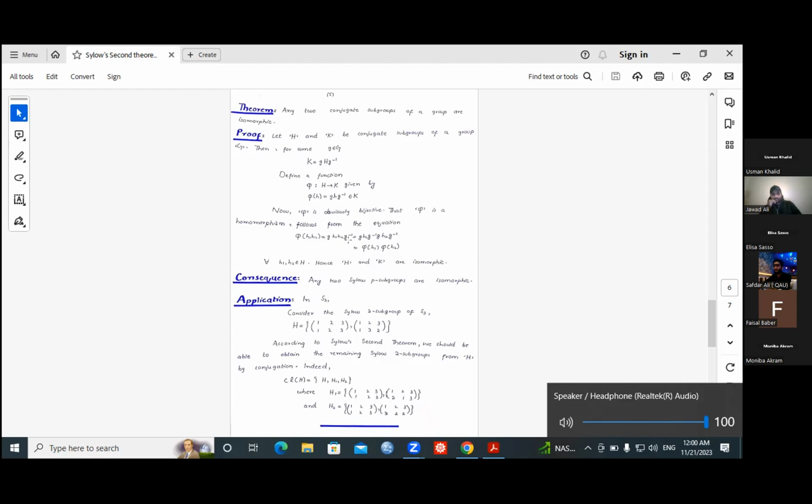For example, if we have an isomorphism between two groups, then the operation of the groups is preserved by this isomorphism, because isomorphism is actually a bijective homomorphism.